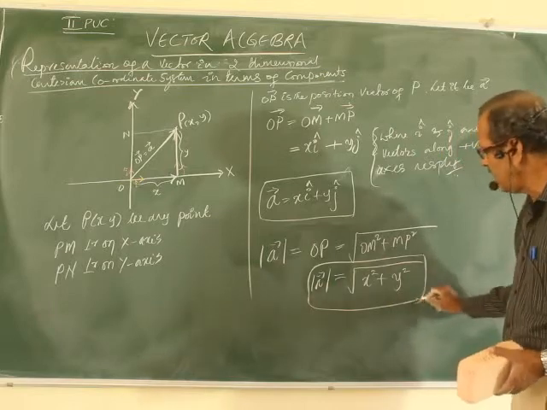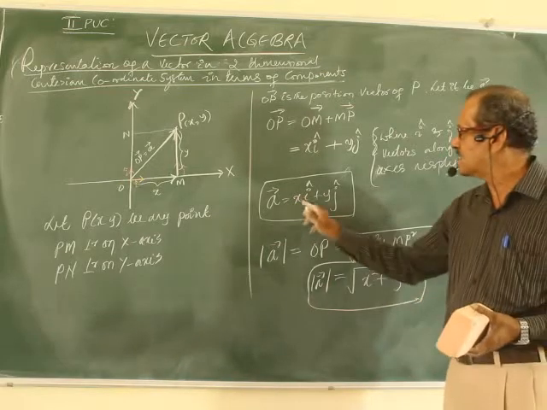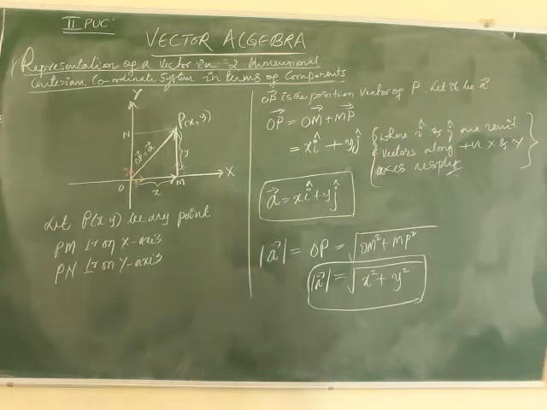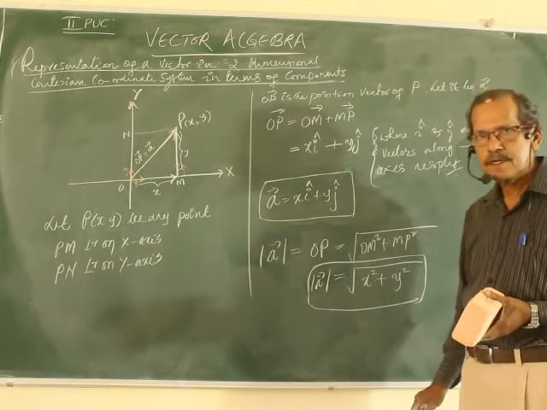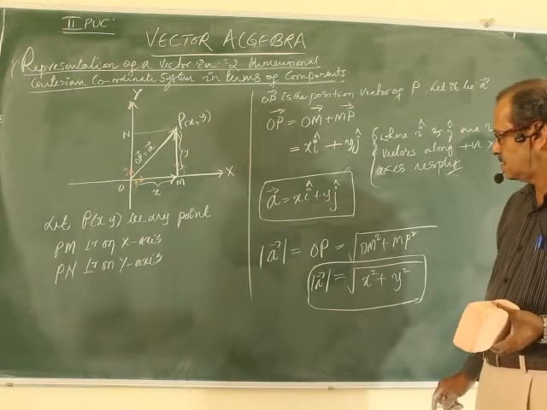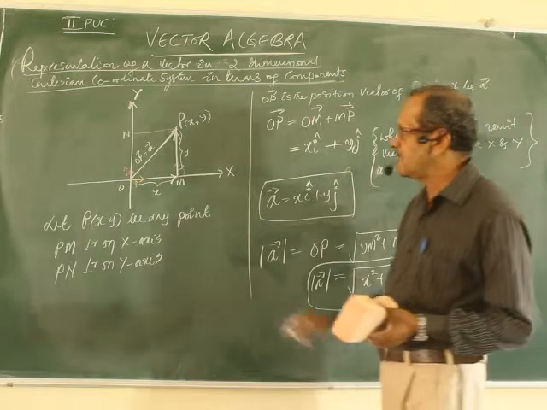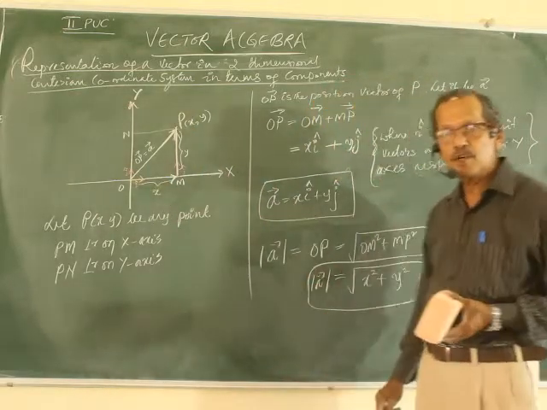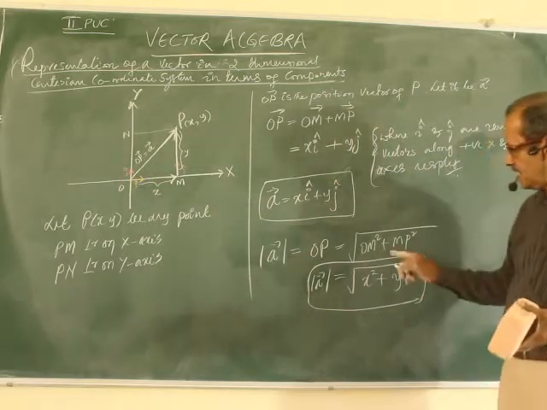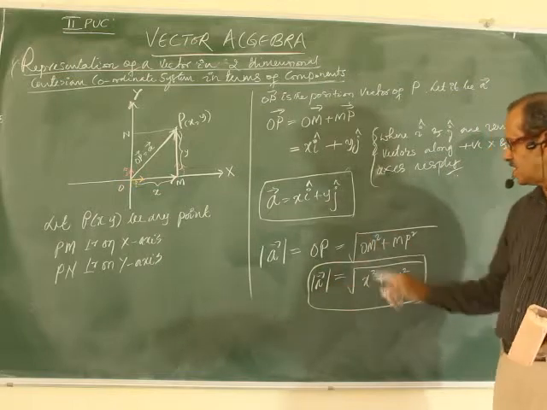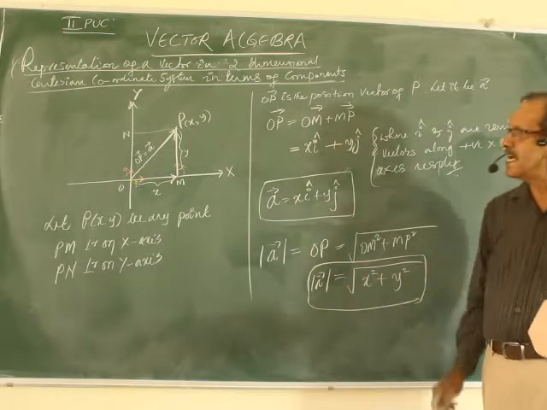So we have a formula to find the magnitude of the vector xi plus yj. Right? Make the idea clear, please. Same vector can be written in terms of i and j like this. Position vector of the point x, y is xi plus yj. Magnitude of the vector is root of this.